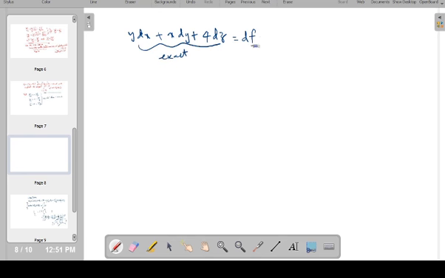So we want f such that this is equal to df, which is dou f by dou x dx plus dou f by dou y dy plus dou f by dou z dz. This f exists.